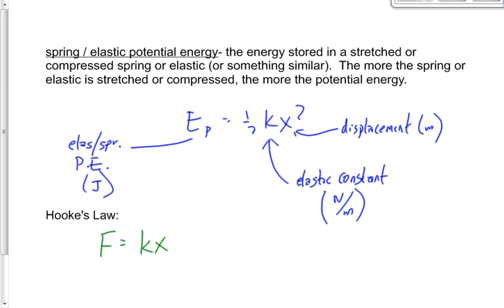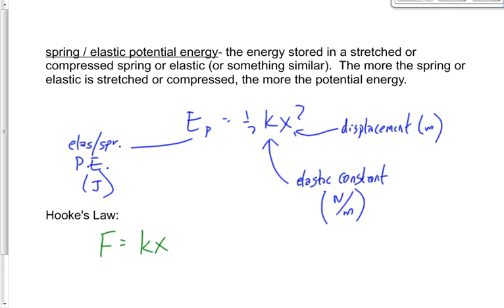But the force was the same the whole time. The force that you pushed on an object was either 10 or 20. It didn't change from 10 to 20 in the same question. It wasn't changing. Whereas in Hooke's law, the more you pull the elastic back, the more force is required.